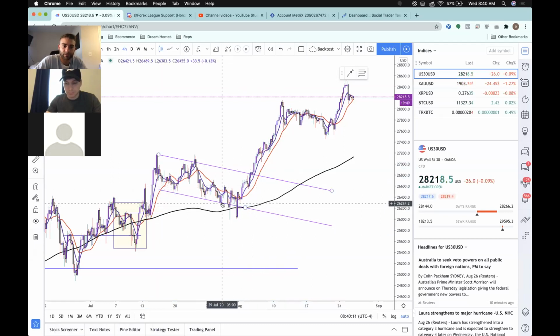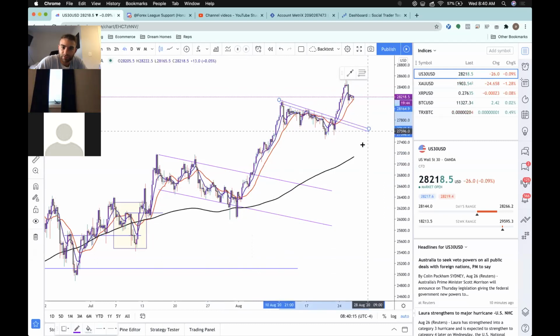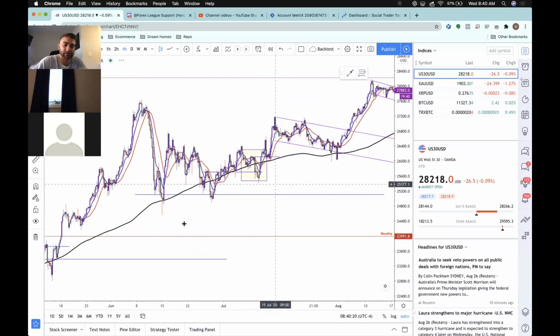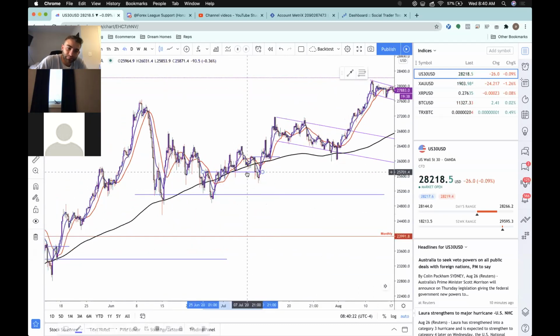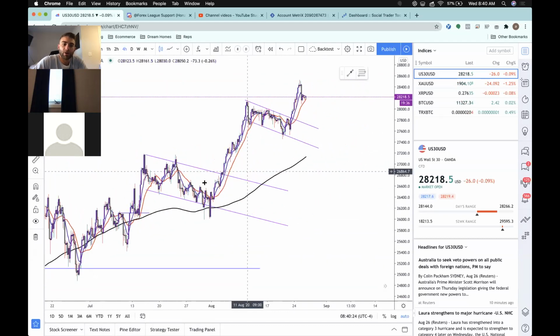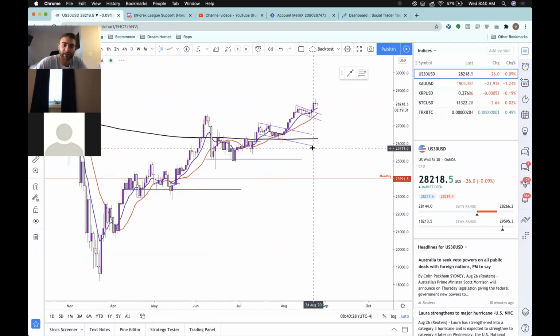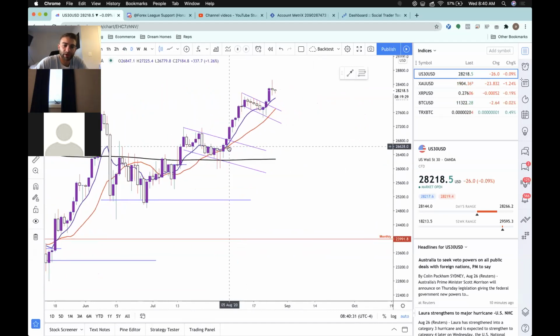Let's take this off. This here, boom, and it gets a little bit choppy back here, but overall, like I said, we're looking for structure on this daily time frame, and we're looking to get in on the pullbacks.